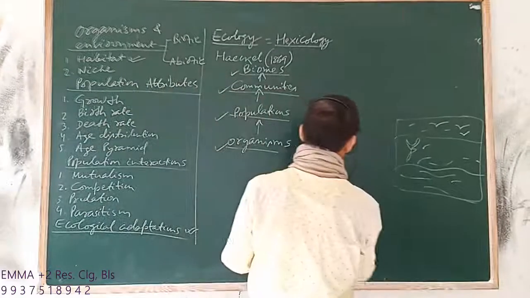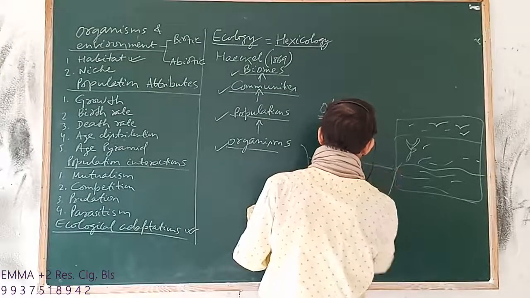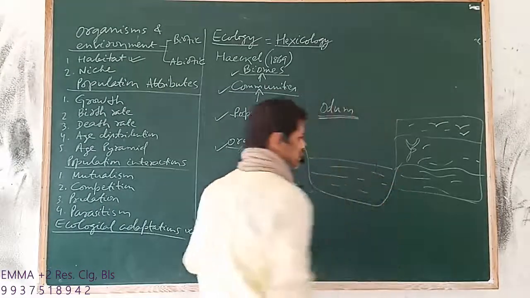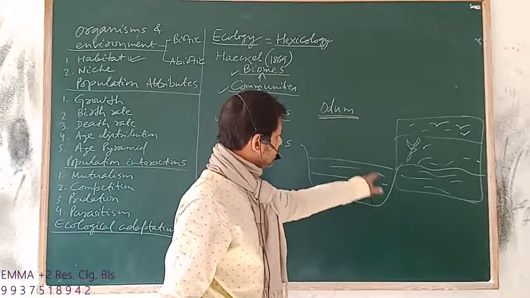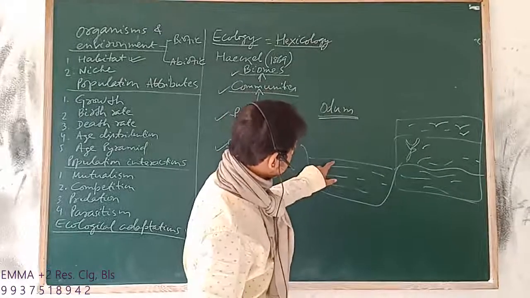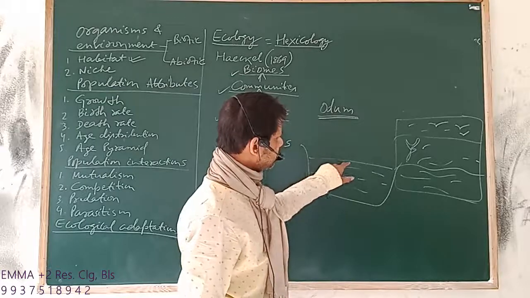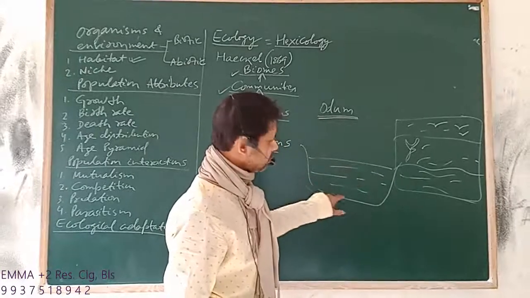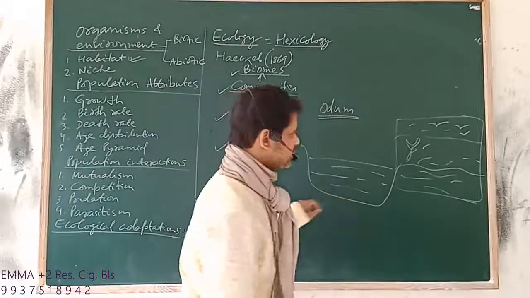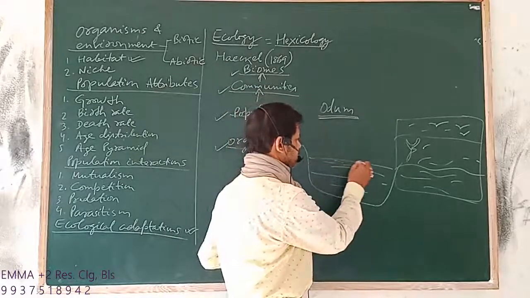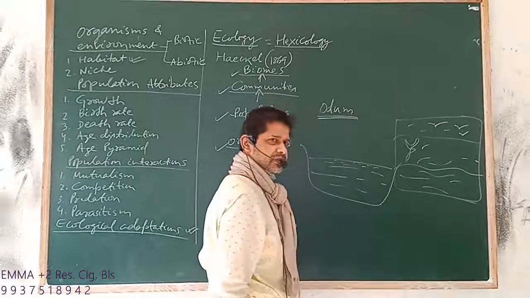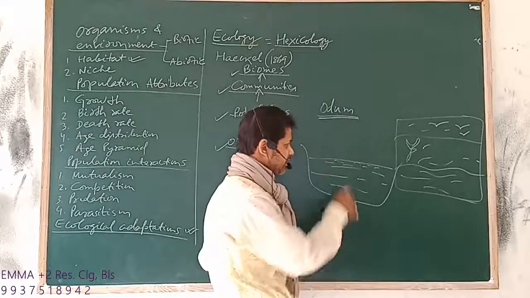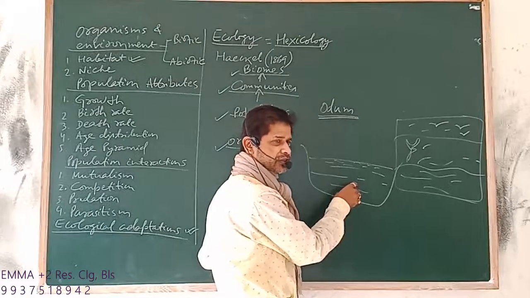Suppose this is a pond ecosystem. In a pond ecosystem, fish can live in the upper part or the lower part. You may see small fish, they float near the water surface. Large fish always avoid the surface water.